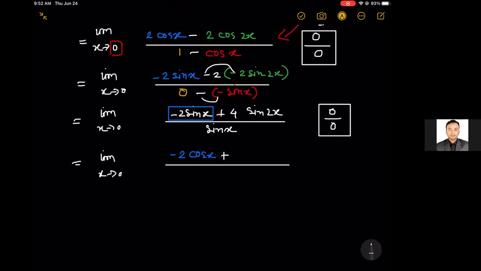You'll be stuck in a loop and you won't be able to come out of it. So you need to check whether your first derivative is right or not. You need to be very careful about it. So what's the derivative of 4 sine 2x?